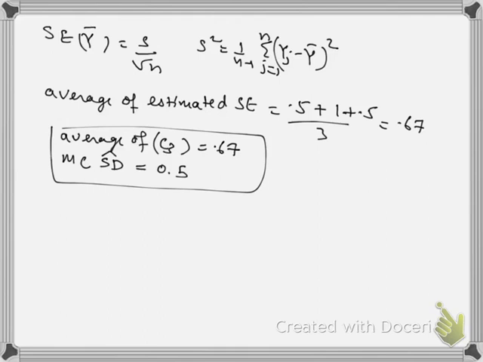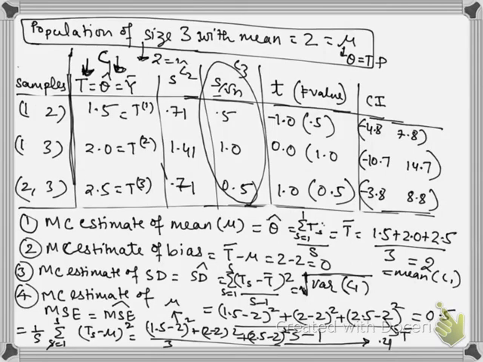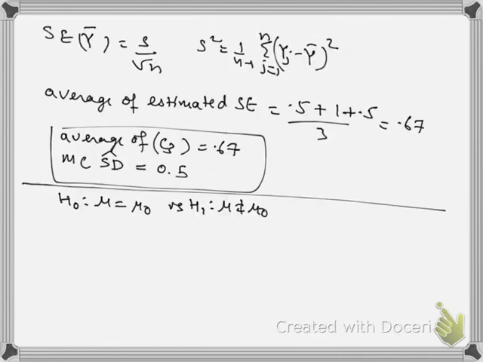Now you can also do simulations for properties of hypothesis tests. So H naught is mu equal to mu naught versus H1 is mu not equal to mu naught. Let's say you used a t-test for that and you get these values in column 4. All these p-values are big. If they were small, you would have rejected. So you fail to reject, you fail to reject, you fail to reject. In our case, you fail to reject all 3 times. Your alpha is 0.05. In our case, we fail to reject 100% of the times, right?